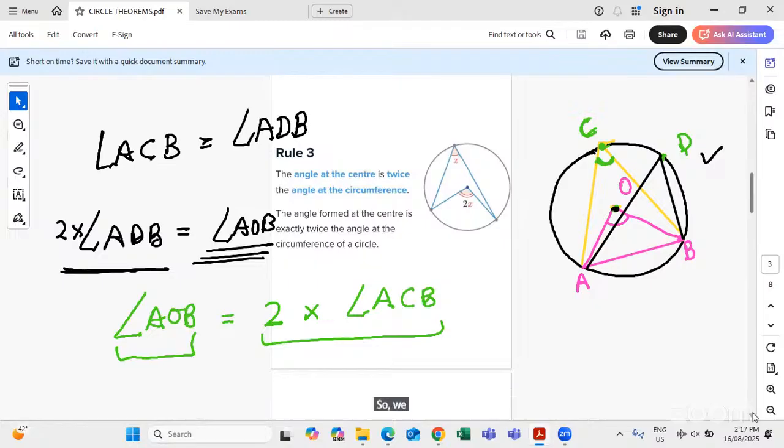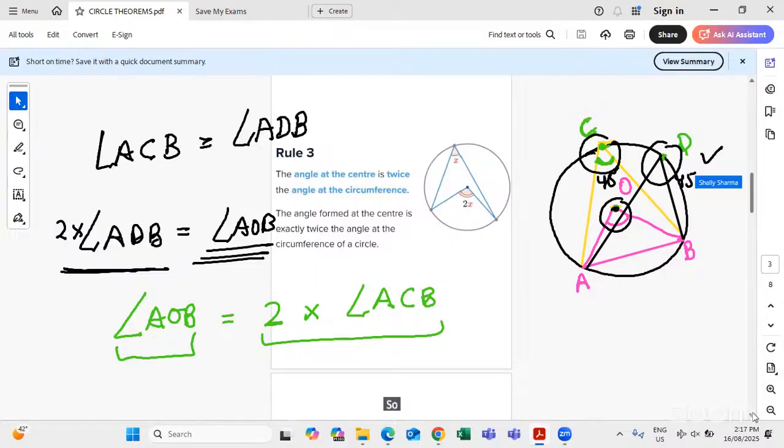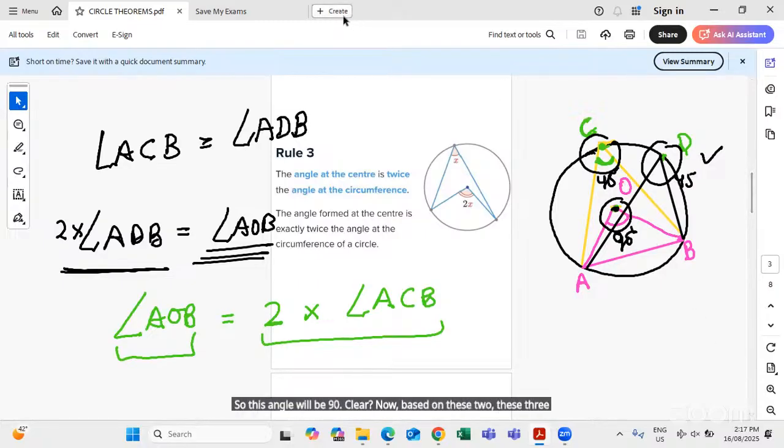So we can say this angle will be double of this angle as well as double of this angle. Why? Because if this angle is, let's say, 45, this angle will be 90. Clear? Now based on these three rules, let's see if we can do some questions.